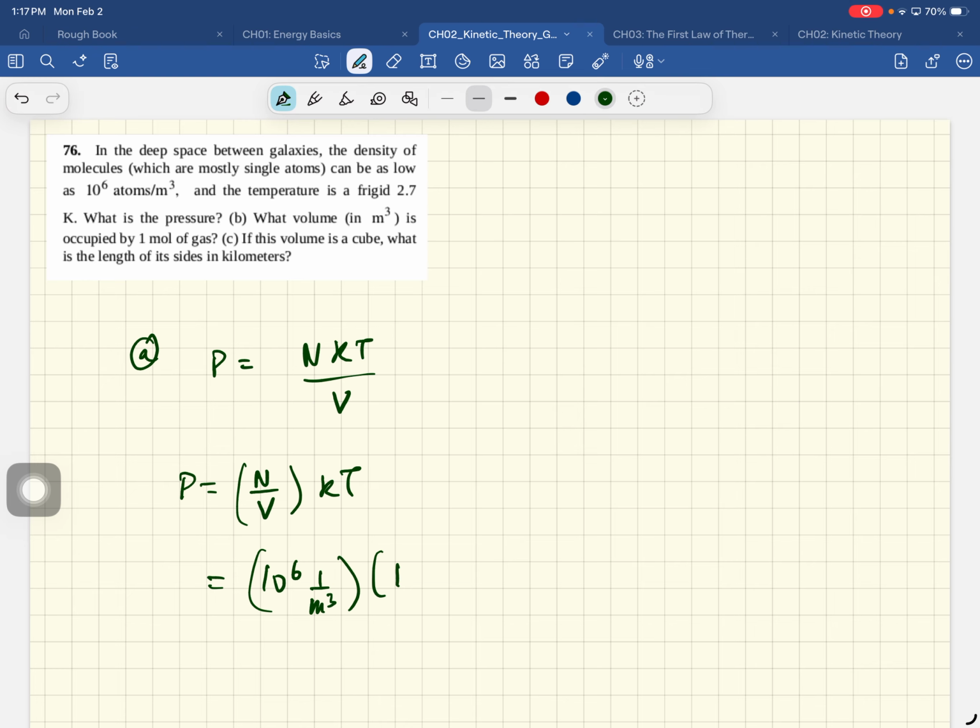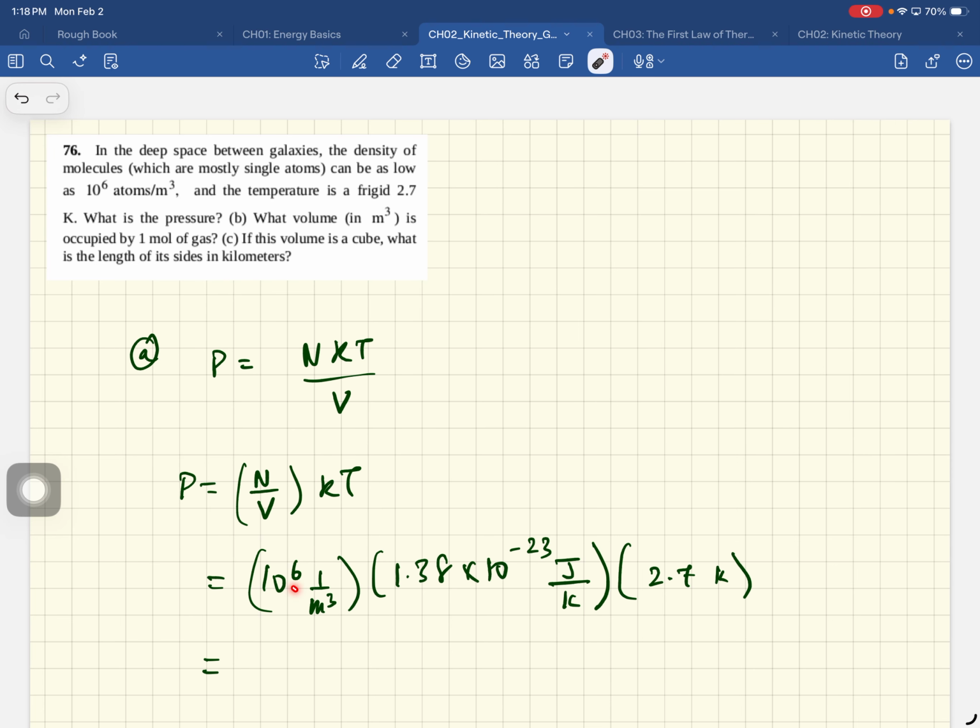So 600 cube root gives 8.43 into 10 to the power 5 meters. That's the side of the cube. Then we'll convert that to kilometers, 843 kilometers. So that's the size of the cube.